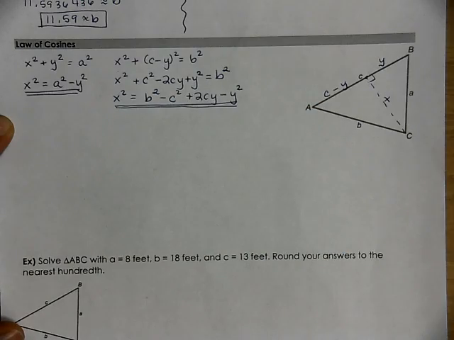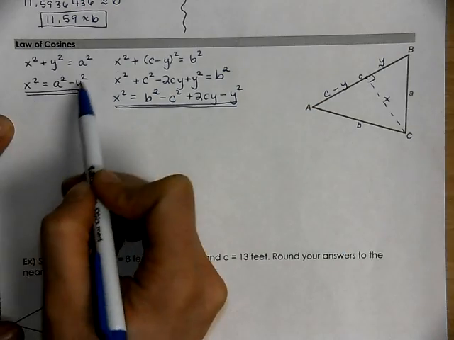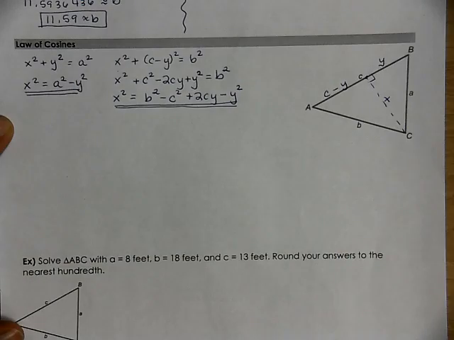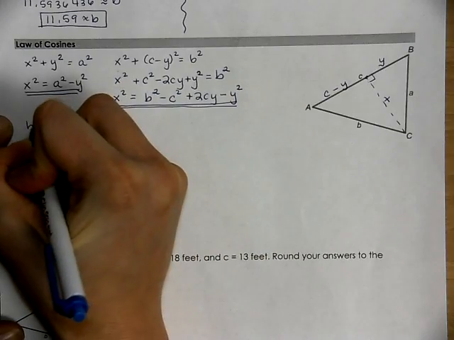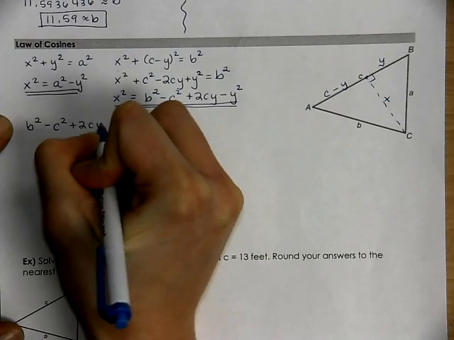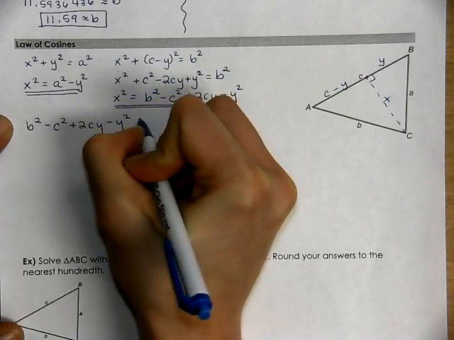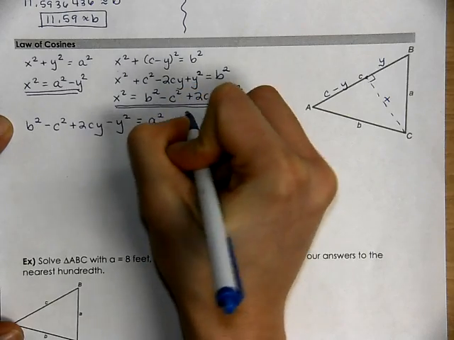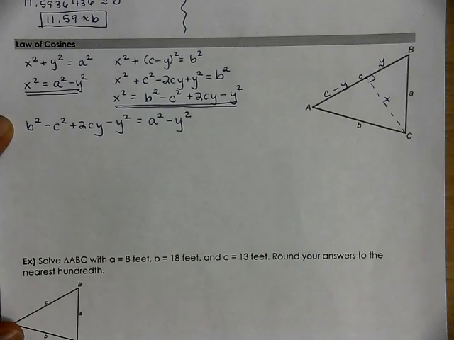I've solved both equations for x squared, so now because x squared is equal to this expression and this expression, I can set those expressions equal to one another. So b squared minus c squared plus 2cy minus y squared is equal to a squared minus y squared. I'm now going to solve this equation for b squared.